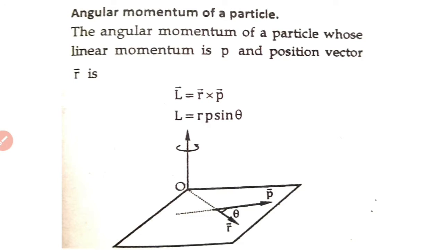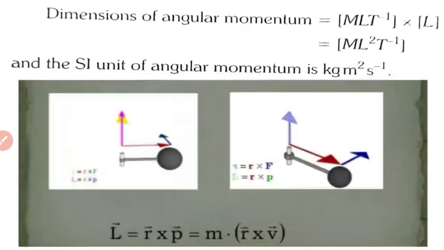Angular momentum is also called the moment of linear momentum. Just like we say torque is the moment of force, we say angular momentum is the moment of linear momentum. The directions of angular momentum and torque are as shown.